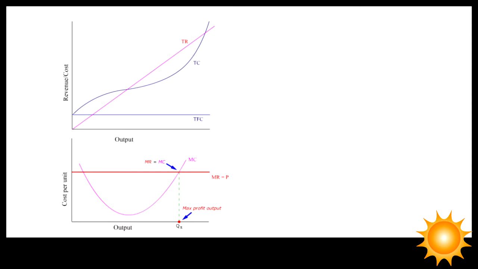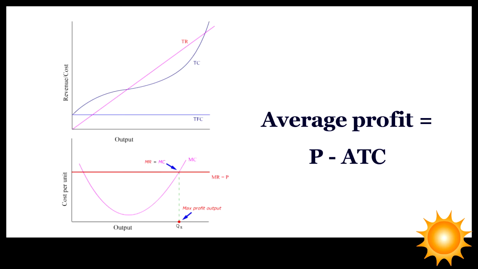Although MR equal to MC can pinpoint where the maximum profit output is, MR and MC alone cannot tell how much the maximum profit is. To measure profit per unit output, we must compare price, P, with average total cost, ATC.